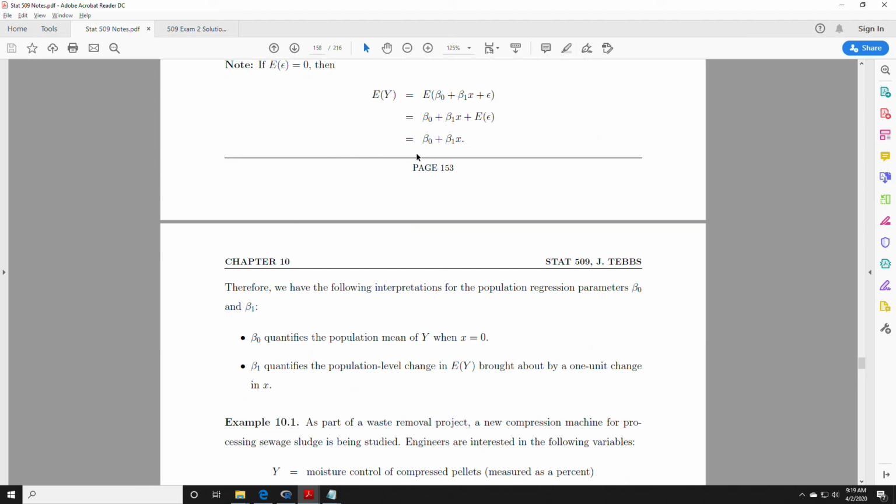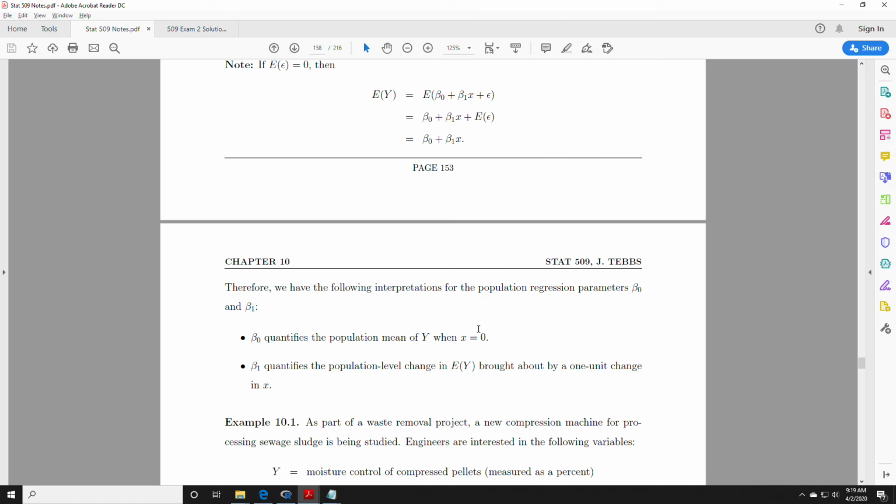Okay, so again, beta naught is the intercept, and so again, thinking about it in terms of the average value of y, the expected value of y, it's the y-intercept, right? So it's the average value of y when the predictor variable is 0. So sometimes this has a very nice interpretation, other times it doesn't.